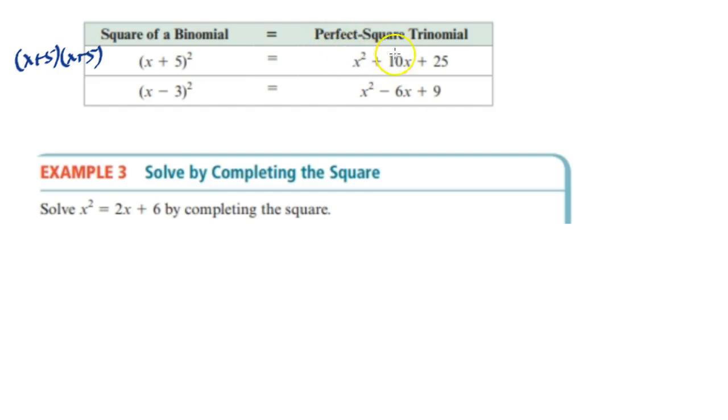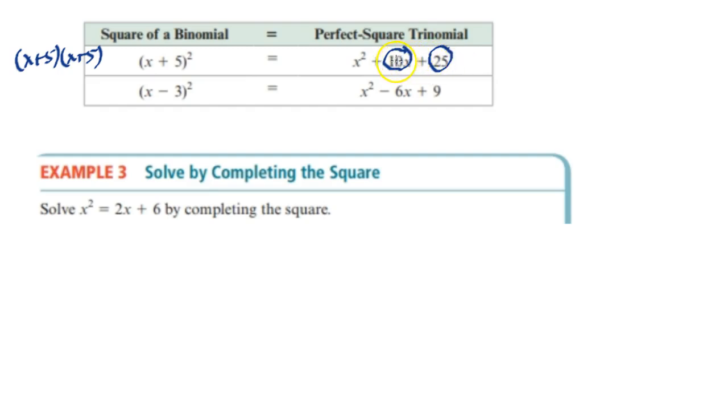Now, there's a special feature, a characteristic of a perfect square trinomial that you'll need to notice, and it has to do with the x term and the constant term. There's some characteristic between 10x and 25 that you'll want to notice.